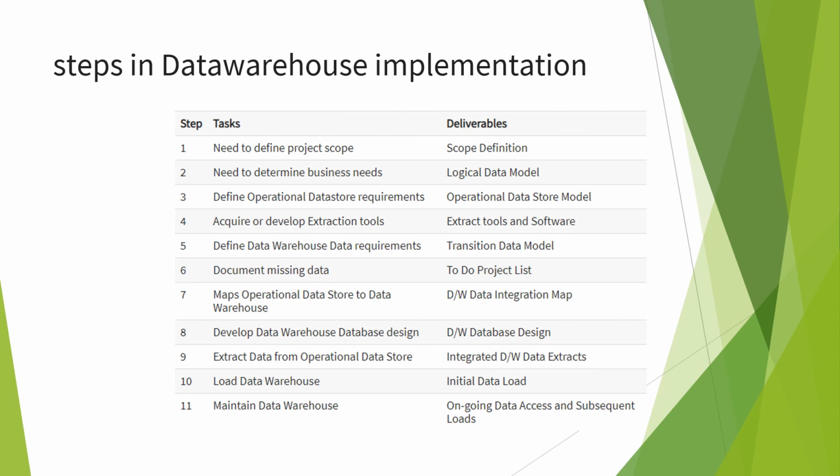In implementing a data warehouse, you also need to consider different steps. What are the needs of the organization? What is the scope of the organization that you need? And determine the need: you have to determine the business need. Is it necessary to have a central database, to warehouse the data?